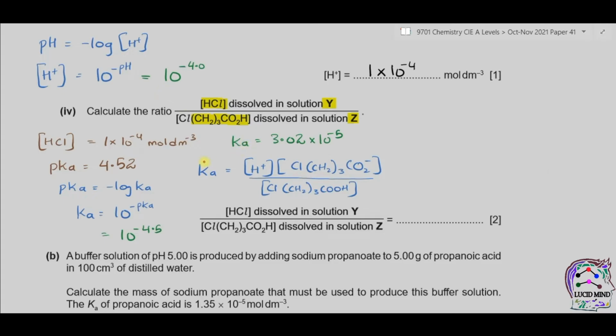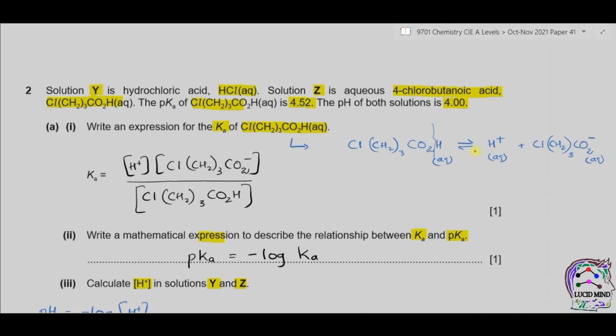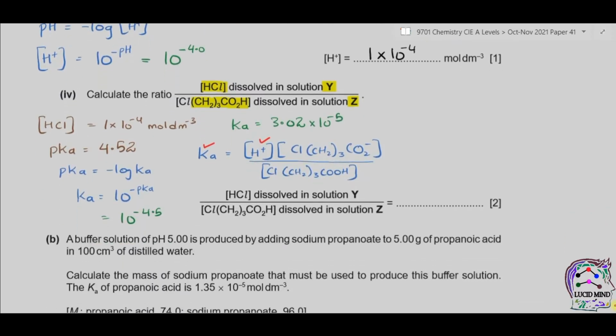Now we have the value for Ka, and we also have the value of the H plus ion concentration. As from this equation we can see that the number of moles of H plus is equal to the number of moles of the anion, so the concentration will be equal in both. So we can use the concentration of H plus instead of this one.